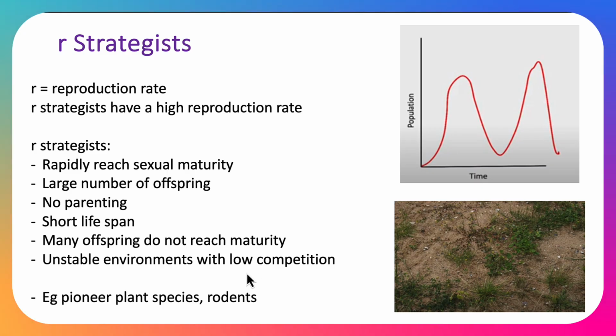They thrive in unstable environments where there's low competition. So think about land that's just been recently cleared, maybe by a bushfire or maybe a landslide. The land has been cleared and there's no competition. So the pioneer species, the ones that are going to land there first, are like your weeds.